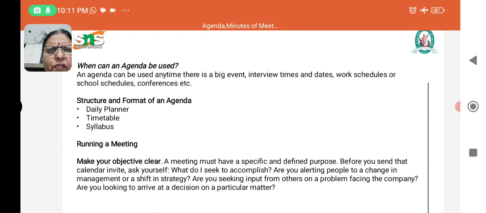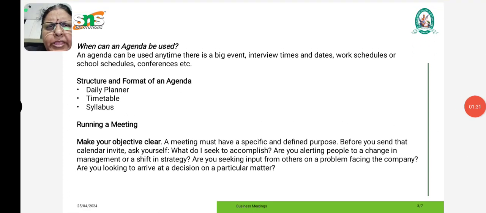So when can an agenda be used? An agenda can be used anytime there is a big event, interview, time and dates, work schedules or school schedules, conferences, etc. The structure and format of an agenda are like a daily planner, timetable, or syllabus.